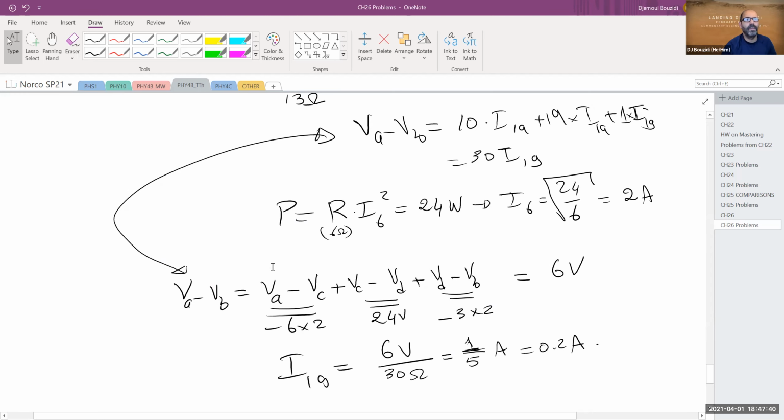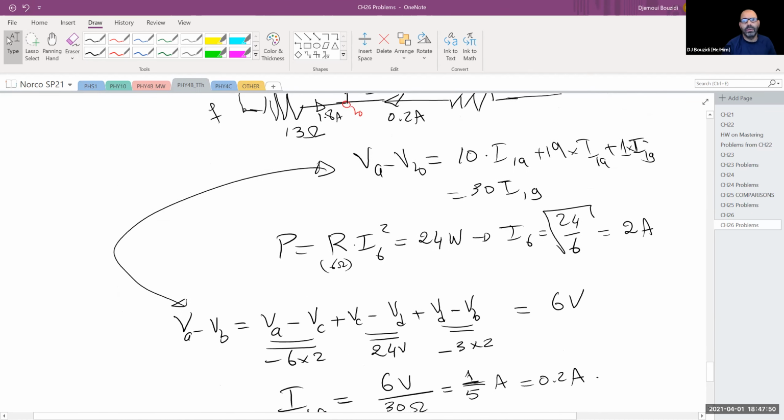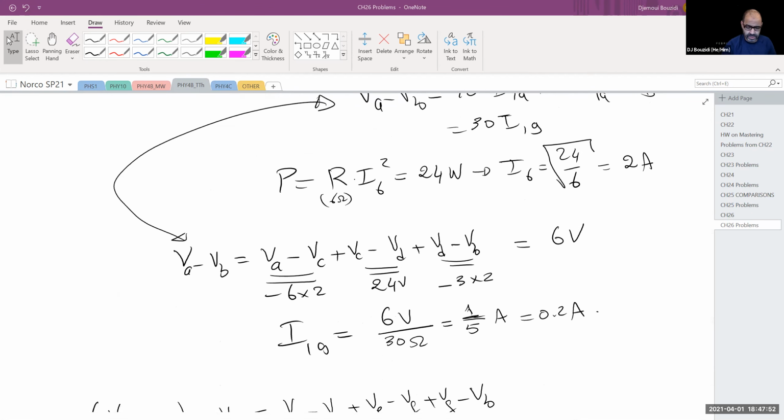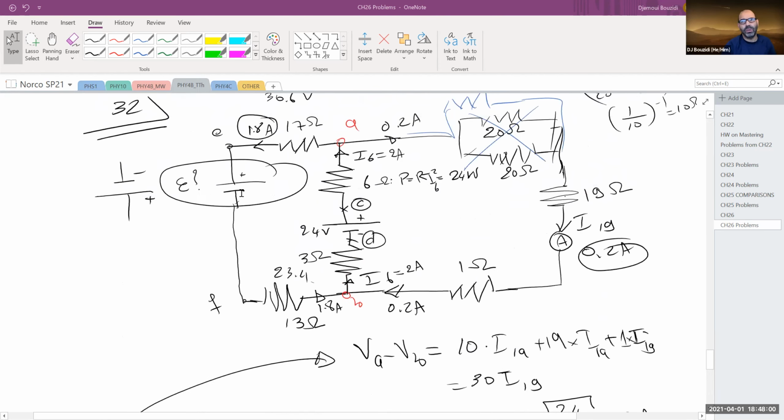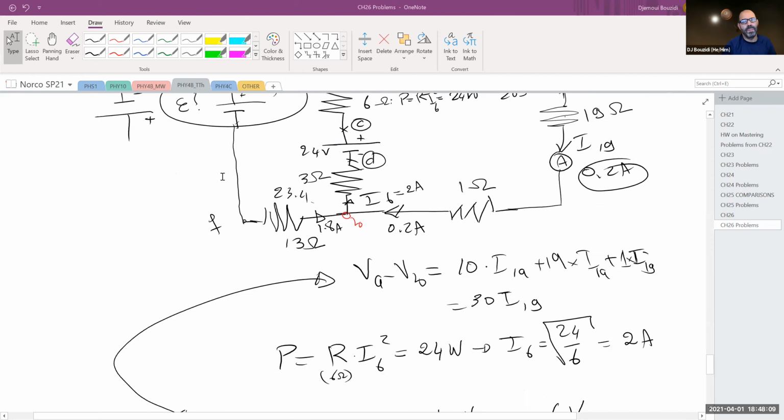Everything is correct. 17 times 1.8, what is the overall drop? Yeah, that is 54 volts, and you subtract from it the 6 volts to get exactly the 48 that is needed in here.